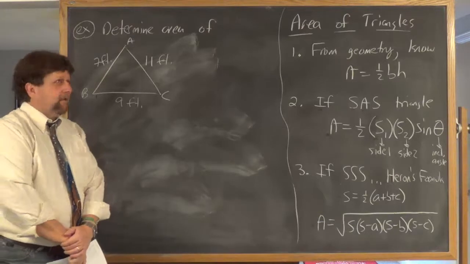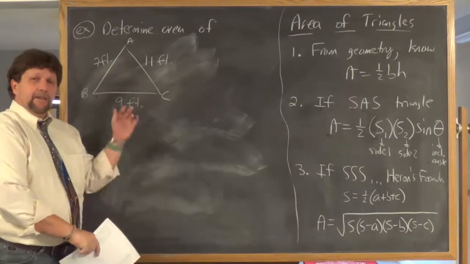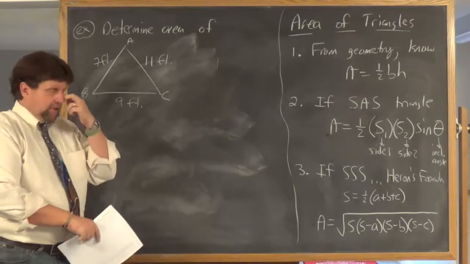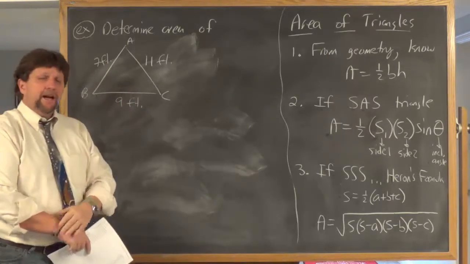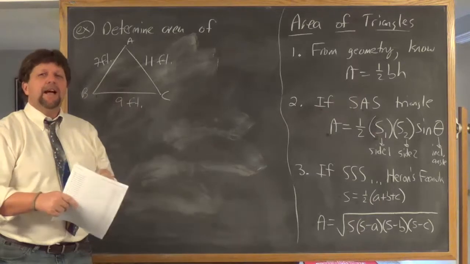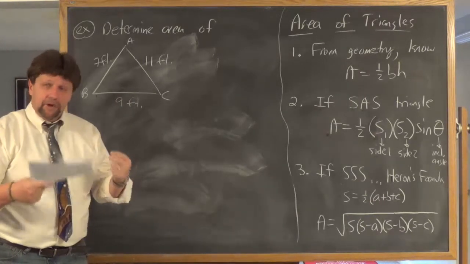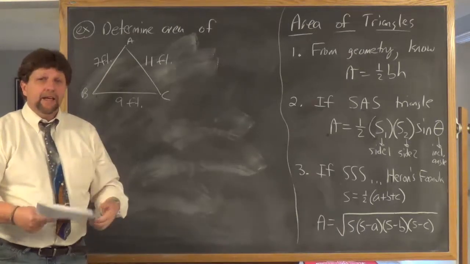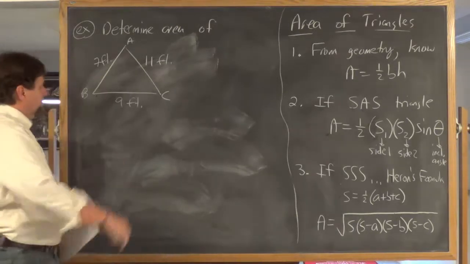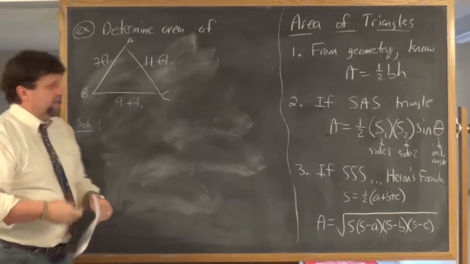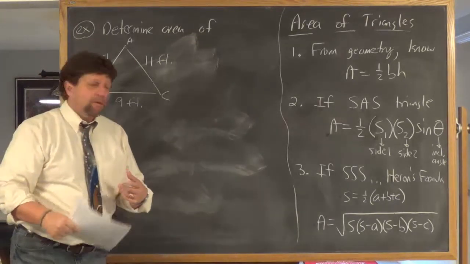In this example I'd like to determine the area of this triangle, triangle ABC. Notice in this triangle I know the length of all three sides, so this is a side-side-side triangle. When I see it's a side-side-side triangle and I'm trying to get the area, I think Heron's Formula. What I tend to do first is compute the semi-perimeter.